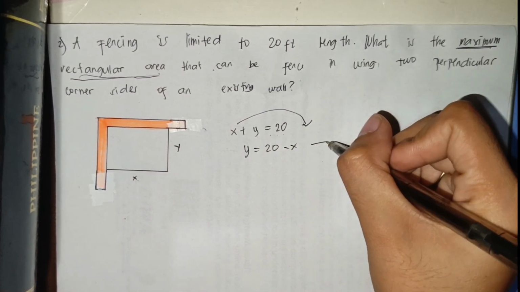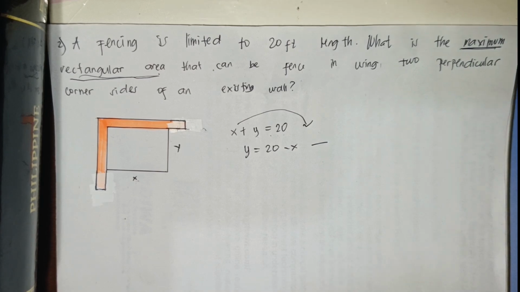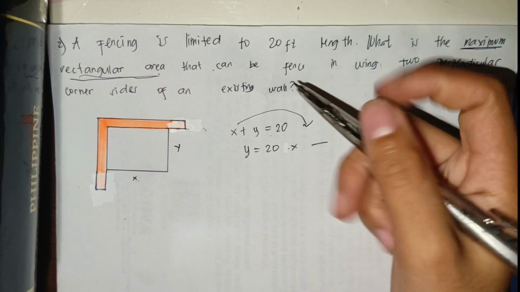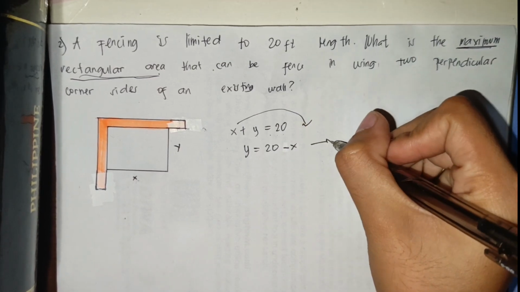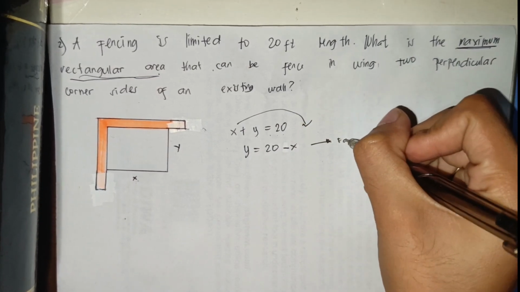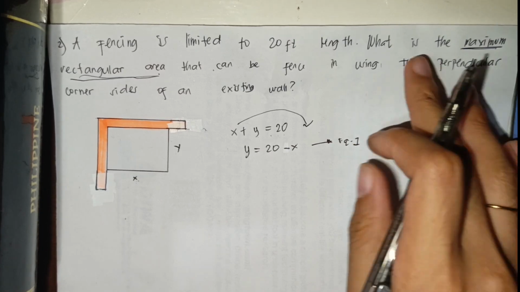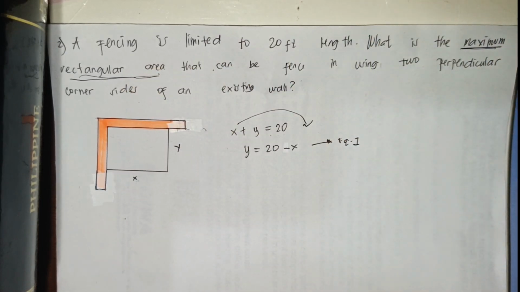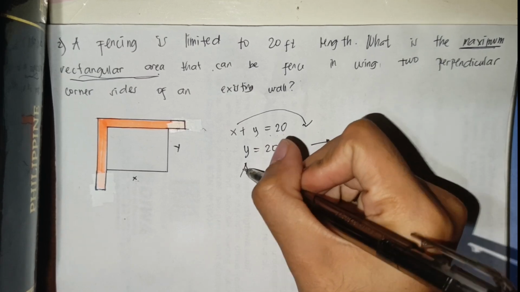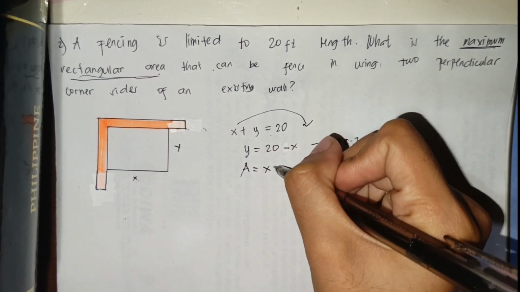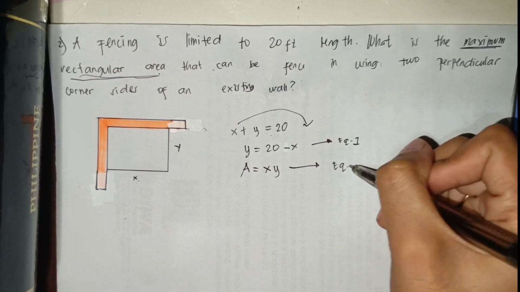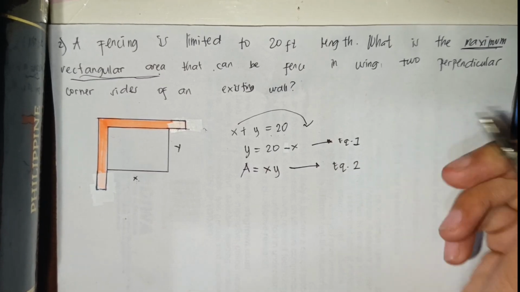So, mao na siya ang first equation. Equation number 1. So, again, maximum rectangular area. And ang equation sa area is A is equal to x times y. So, mao na ni ang equation number 2.